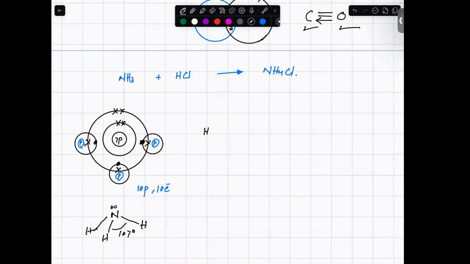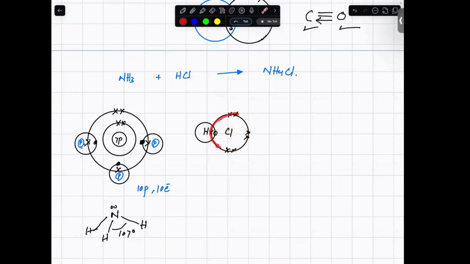There is this H sharing its electron with what? Chlorine. 1, 2, 3, 4, 5, 6, 7. This is hydrogen. You know what happens? This chlorine takes both the electrons and becomes negative.